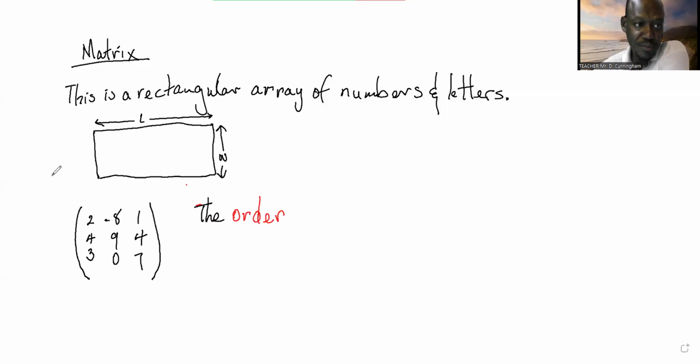The order of the matrix, very important, this point.